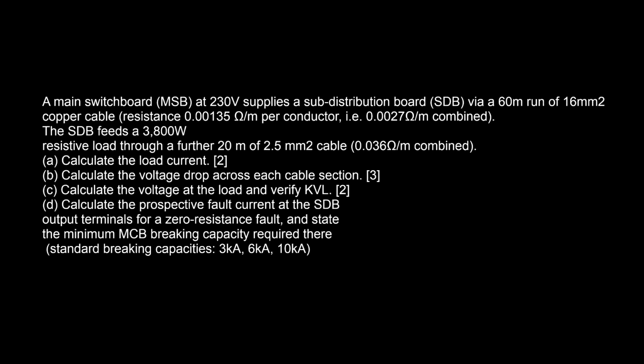We are back. So a main switchboard MSB at 230 volts supplies a sub-distribution board SDB via a 60 meters run of 16 millimeter square copper cable. The resistance of the copper cable is 0.001 per conductor.